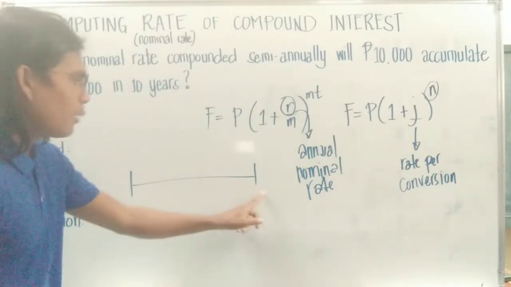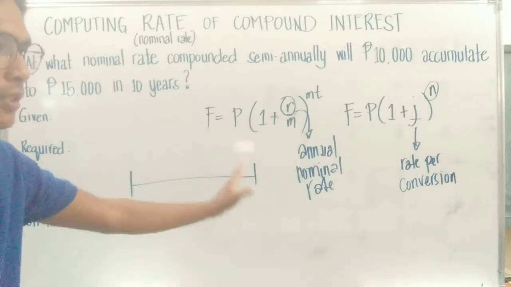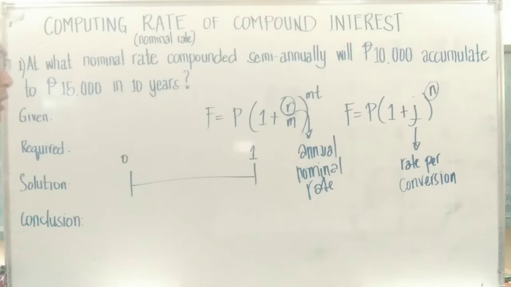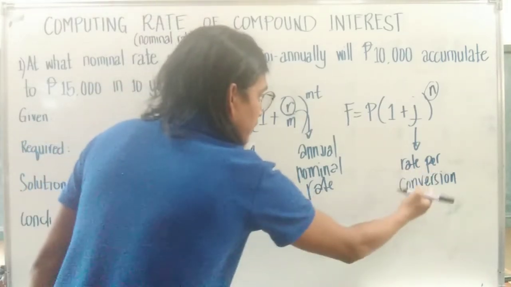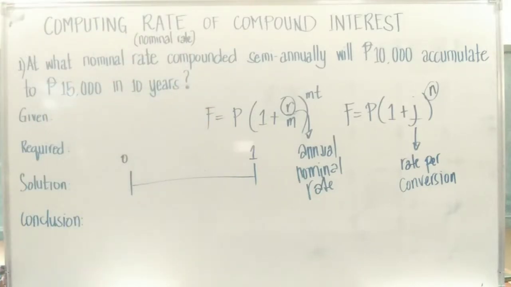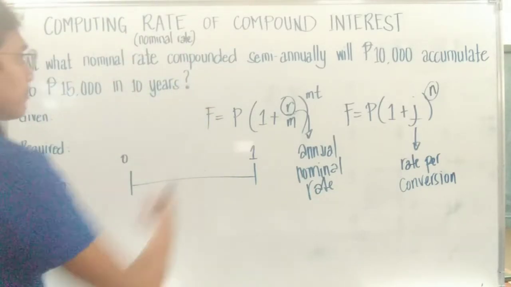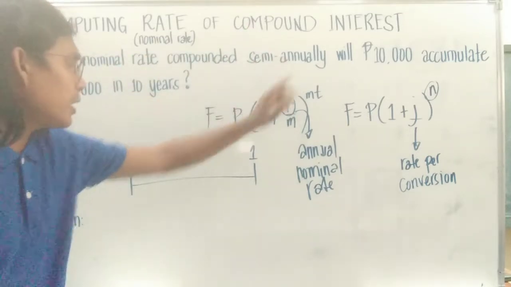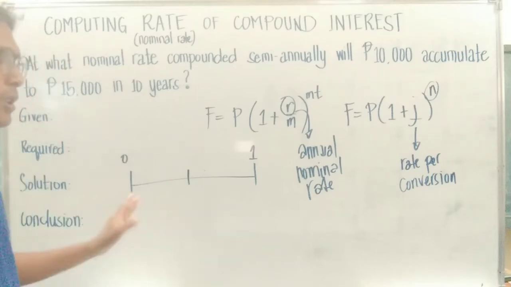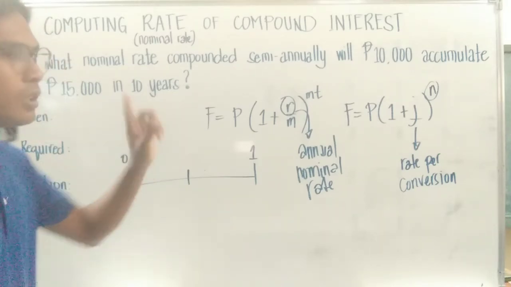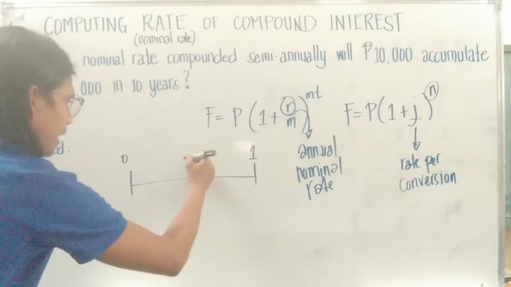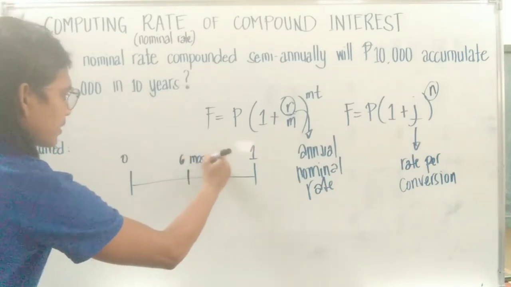For example, this is a 1-year period or 1-year term or 1-year time, 0 to 1. The rate per conversion period will depend on the frequency of conversion M. So in our first example, we have semi-annually, so we will divide each year by 2 to make it semi-annually, so every 6 months.